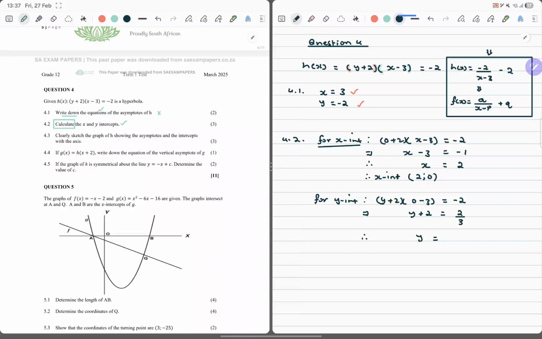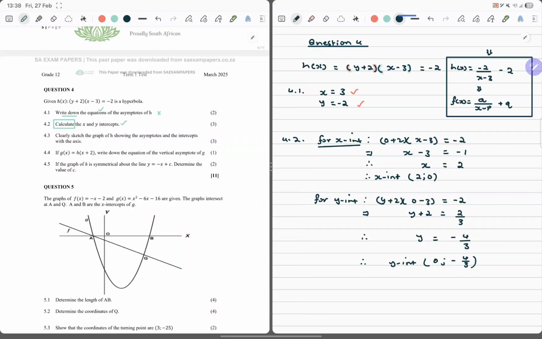Y is going to be equal to, we move this, minus 6 plus 2 is going to be minus 4 over 3.